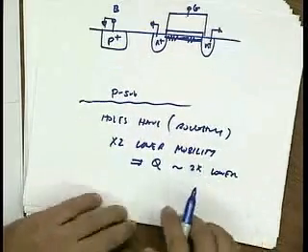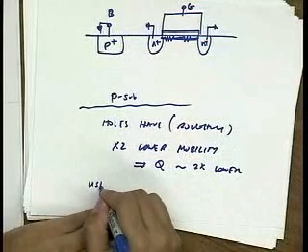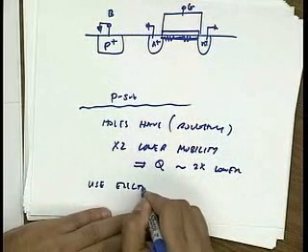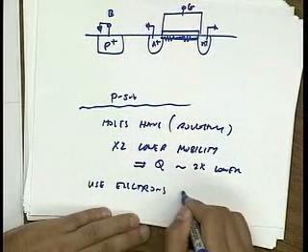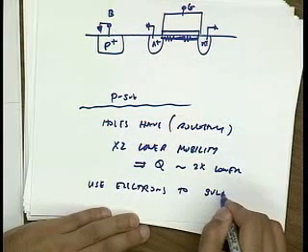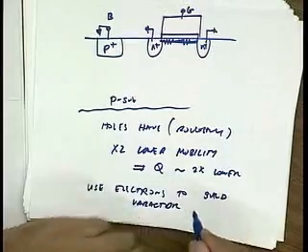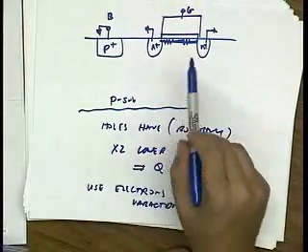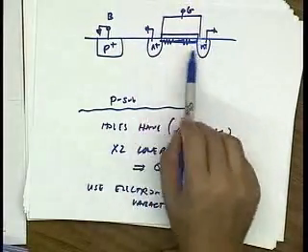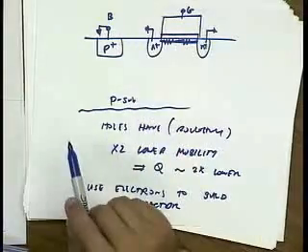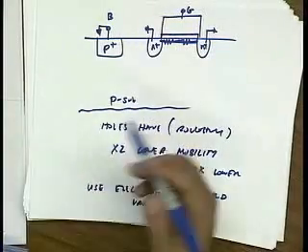So definitely we'd like to use electrons. And so we have a choice. We could either use inversion mode N-type, or we can use accumulation mode N-type.